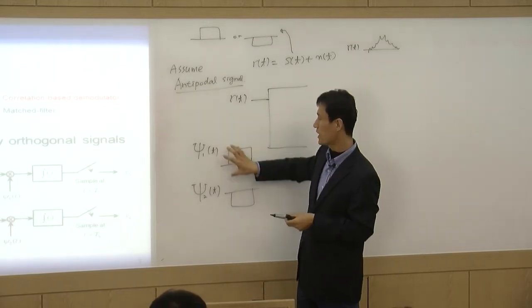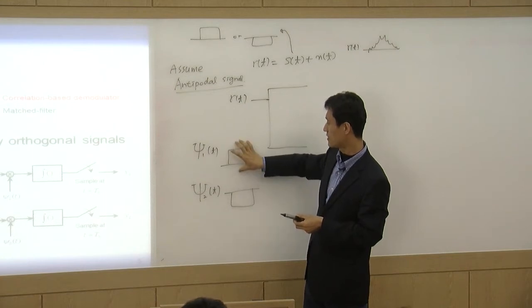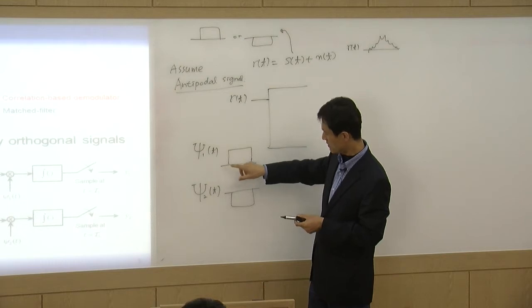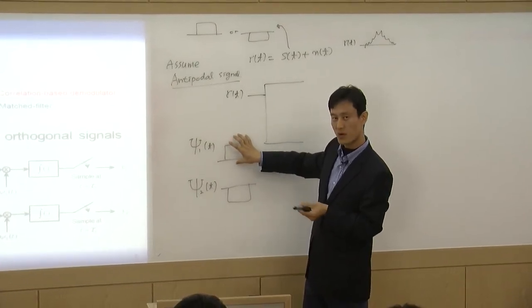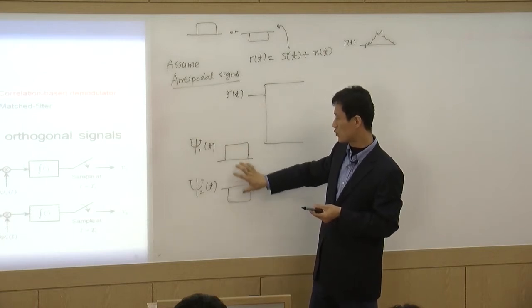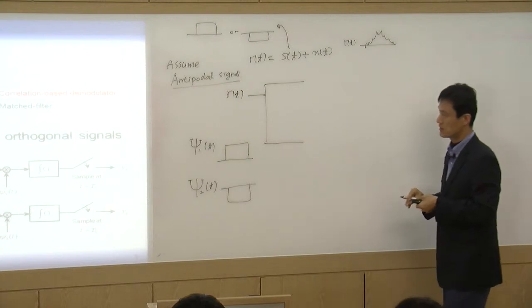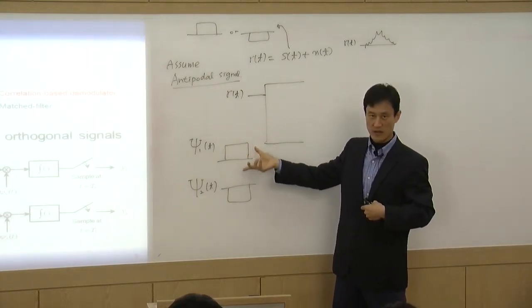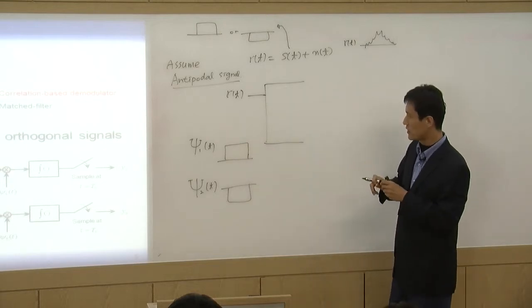So we prepare the correct answer. If 0 is transmitted, we need to receive this, right? If 1 is transmitted, we need this. So since we already know the antipodal signal is used, we just prepare the perfect symbols here.